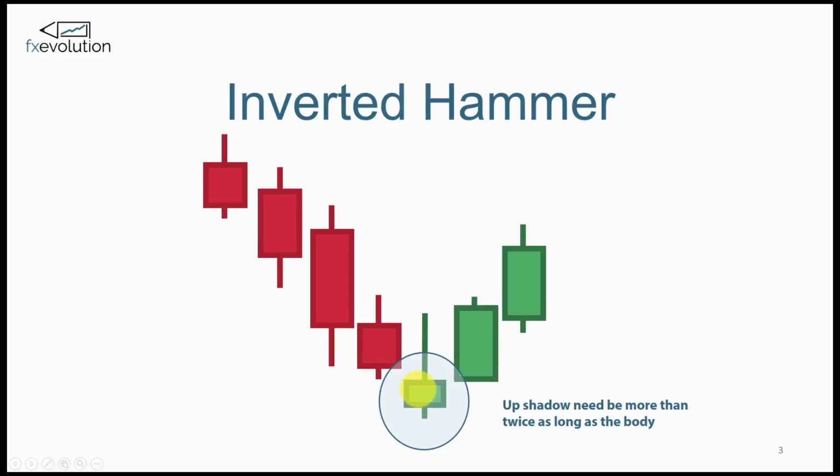Now, when we're understanding an inverted hammer, what it really signifies is that price is making a change of trend. So we've had the bearish candles moving in where price is steadily making new lows. Then during this candle, price has opened up and generally moved higher, so bullish movement or a commitment of the buyers.